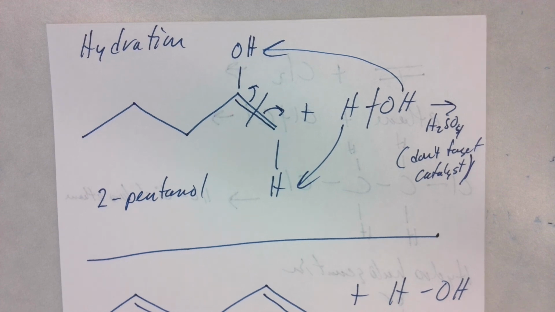So we covered hydrogenation, we covered halogenation, we covered hydrohalogenation, and we covered hydration, correct? They are the four main ones you're going to need to know. Now what this does is it gives me 2 more days to cover the last 5 sections.